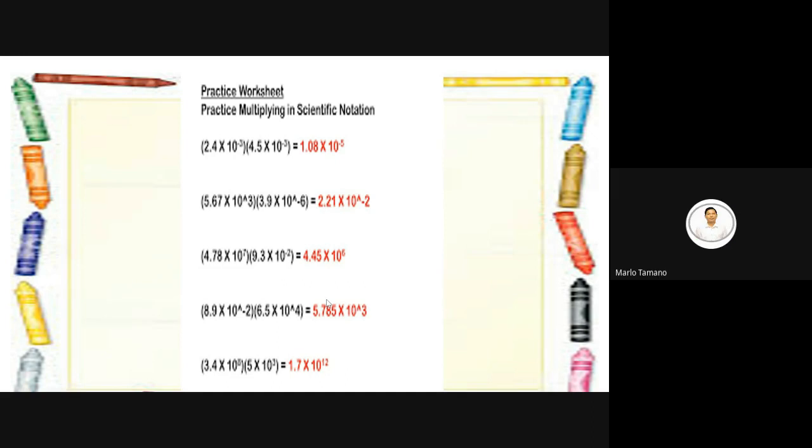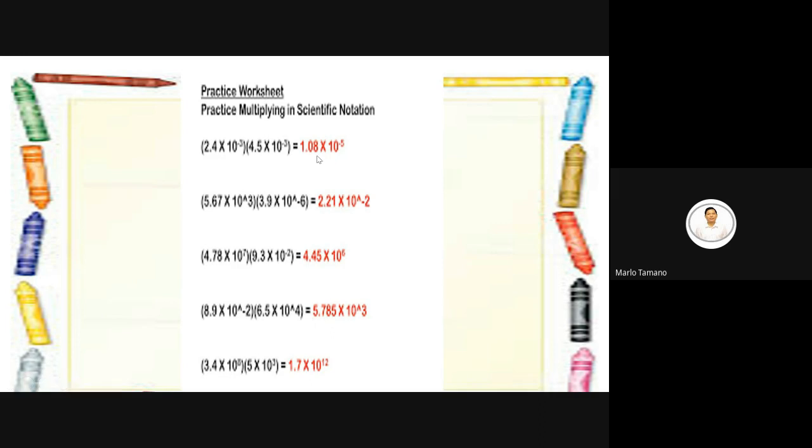Now, since yung product ng ating bases ay 10.8 and that is greater than 10, what shall we do with this? Shift the decimal to the left one place only. Tama? So, plus 1 po yon. So, negative 6 plus 1 is negative 5. So, your answer is 1.08 times 10 to the negative 5.